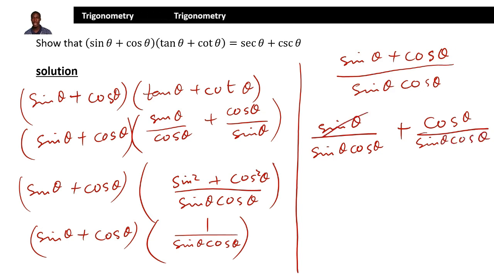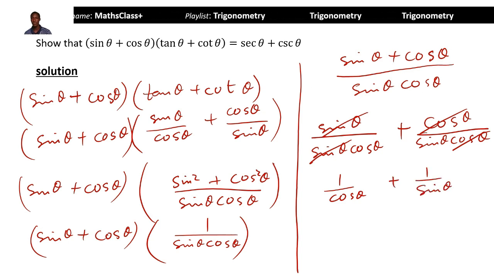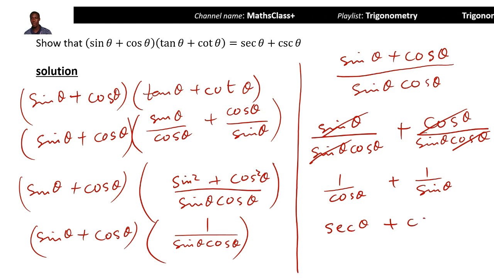So sine here will cancel sine here, cos here will cancel cos here, giving me 1 over cos theta plus 1 over sine theta. And 1 over cos theta is given as sec theta, and then 1 over sine theta is given as cosec theta, and that is verified.